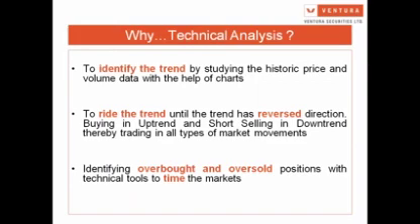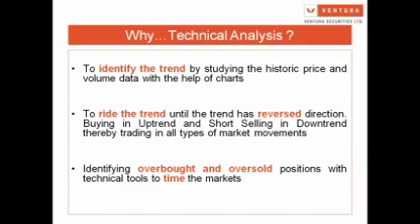First of all, technical analysis helps to identify the trend. Now what is trend? Trend is nothing but direction of movement. It can be upward, downward or flat. And how to identify the trend? We can identify the trend by the position of the tops and bottoms.